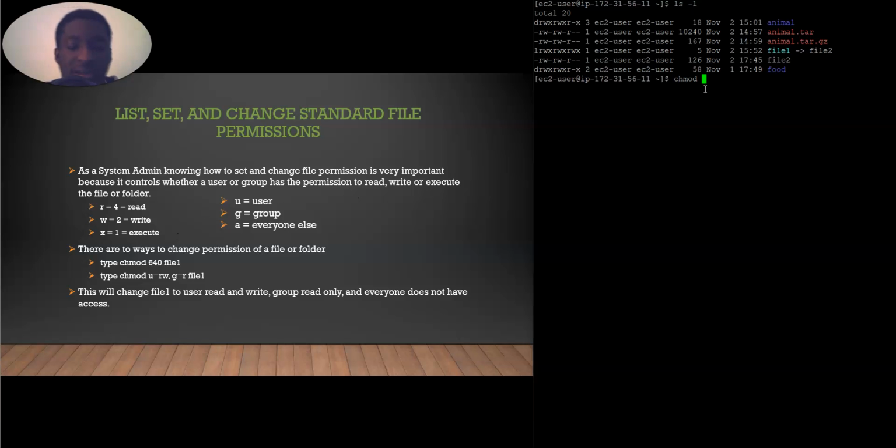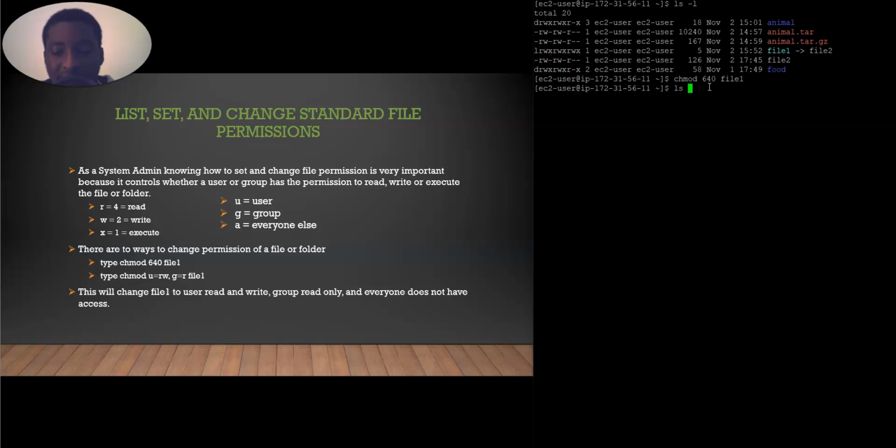So if I wanted my user to have read and write, it's going to be 4 plus 2 is 6. And if I want my group to only read, it's just going to be 4. And for everyone else, no permission, 0. And then type the file name.